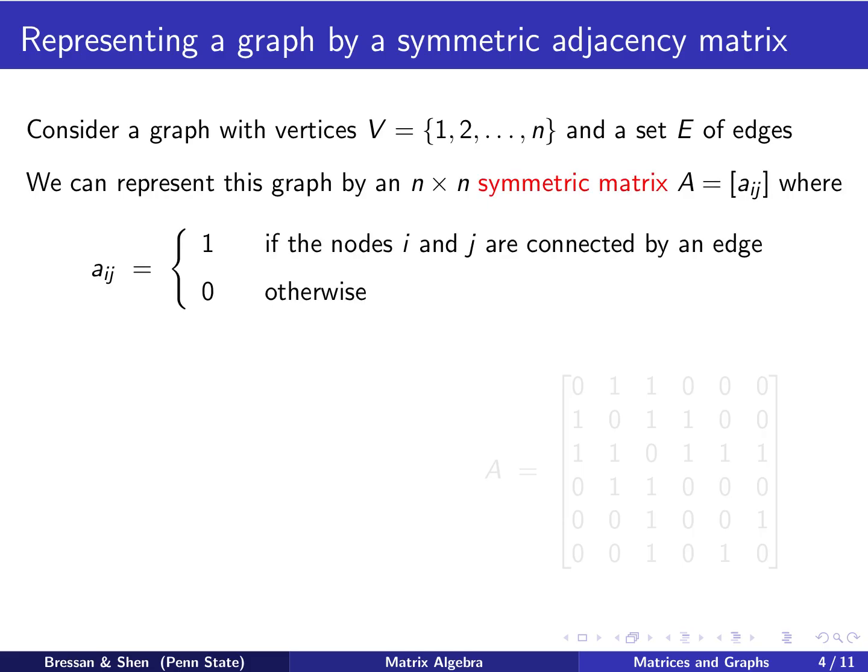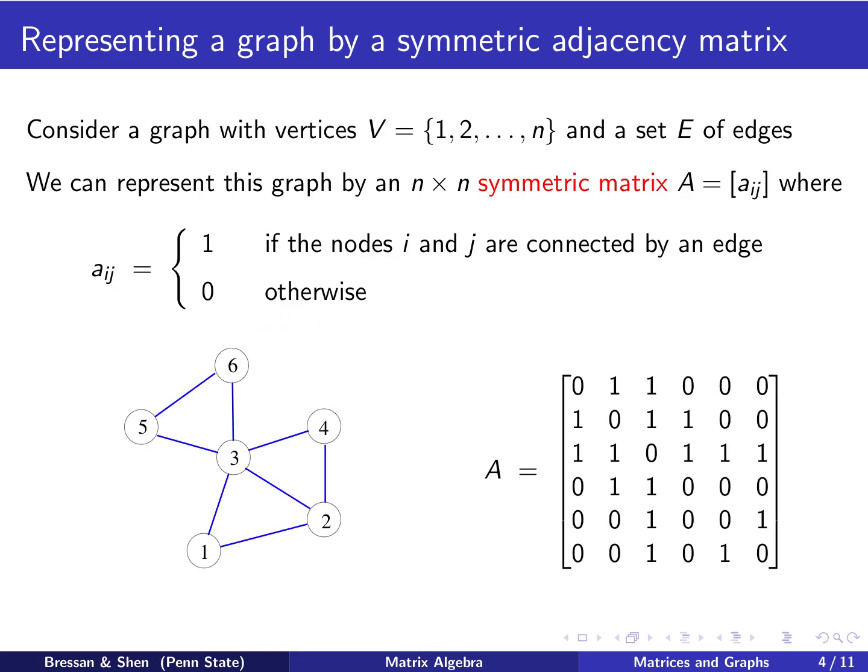And then we can represent this graph by an n by n symmetric matrix. We call it capital A with elements a_ij. The a_ij's are assigned as follows: a_ij equals 1 if the nodes i and j are connected by an edge, and it's 0 if not.